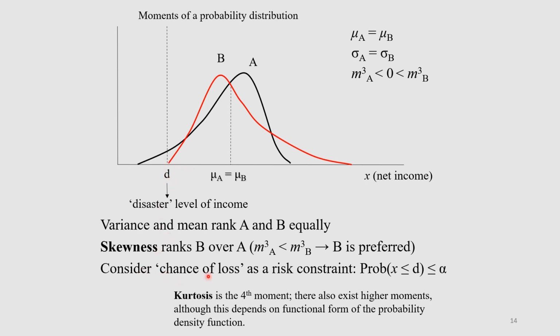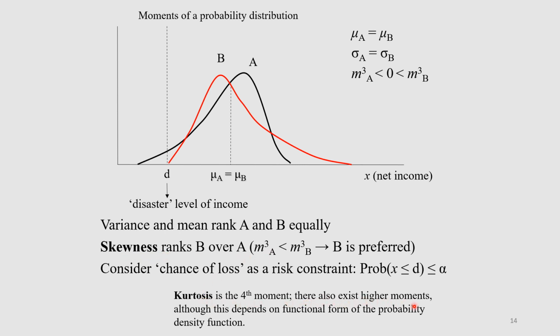Consider chance of loss as a risk constraint. Here we get the probability that X falls below this disaster level has to be less than or equal to some small amount. Now kurtosis: we've talked about skewness as the third moment, and kurtosis is the fourth moment.